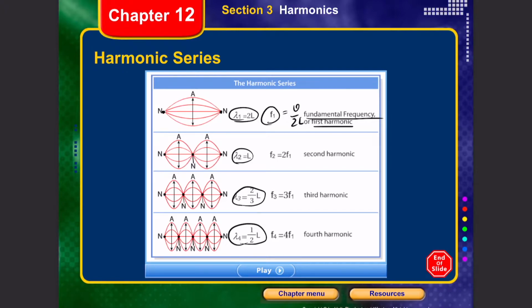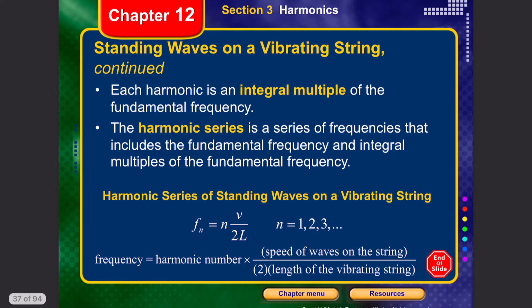When you have f2, it becomes 2f1, so it becomes v by L. Then it becomes 3v by 2L, and you get 2v by L. This way you go through the harmonic series, which goes in the series of f1, 2f1, 3f1, 4f1, in the range of natural numbers.